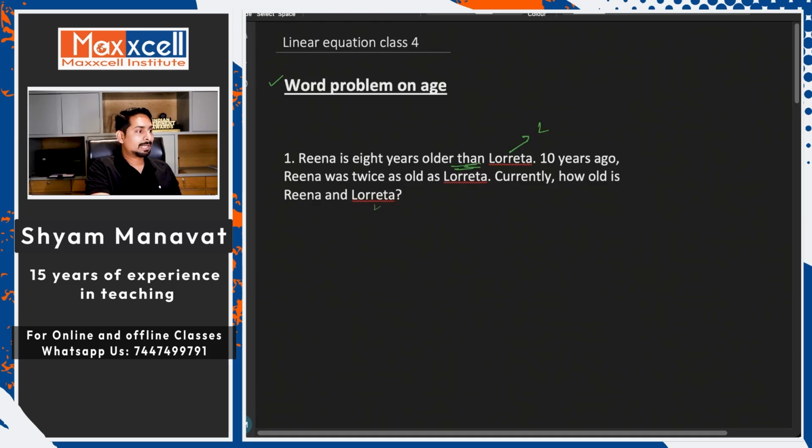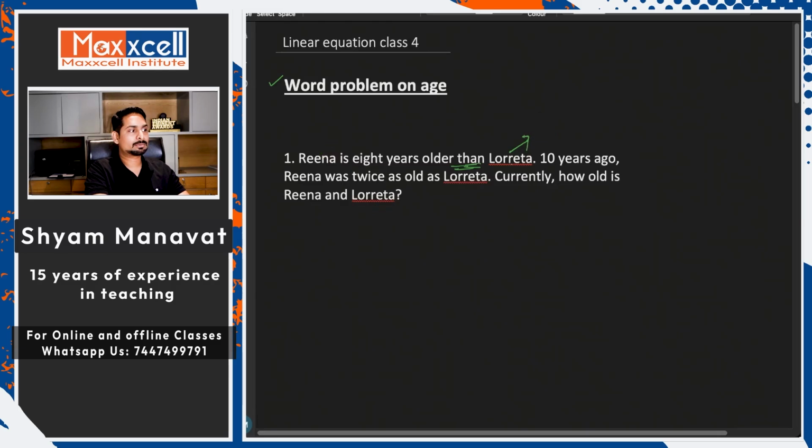Now, let's assume currently Loretta's age is L. Loretta's age is L. Okay, base compared to. If you want to handle only one variable, then you do. Otherwise, you can assume Reena's age as X and Loretta's age as Y, and then you can make the equation there also. I advise use less variables so that you get the answer faster.